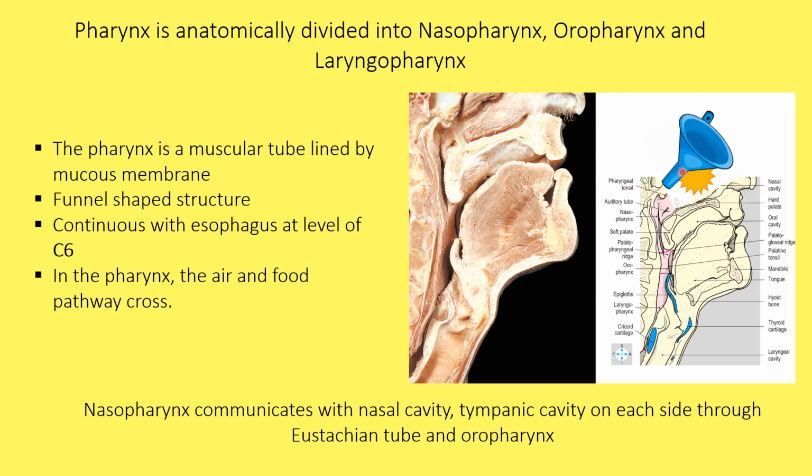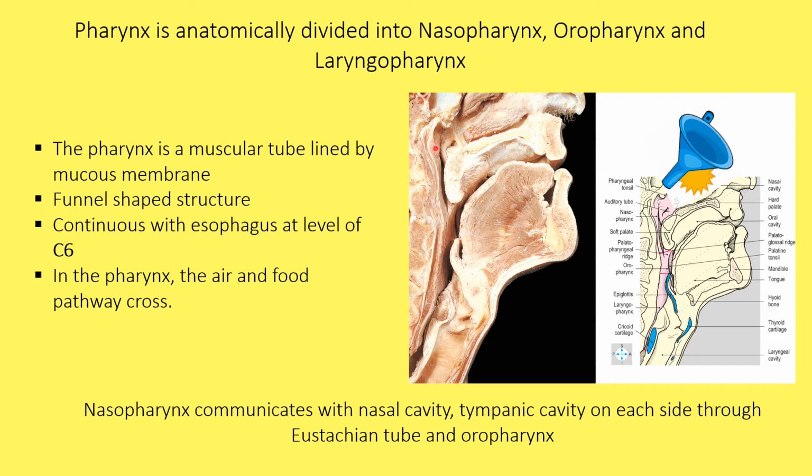Funnel means it's wide at the upper end and becomes narrower at the lower end. It continues with the esophagus down here. In the pharynx, the air and food pathways cross, with the epiglottis controlling the patency of the upper airway.